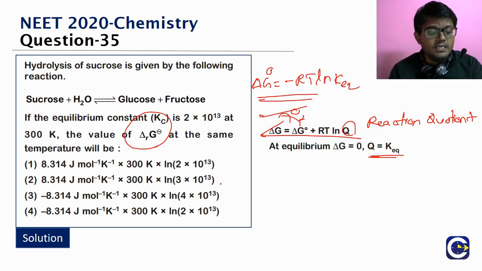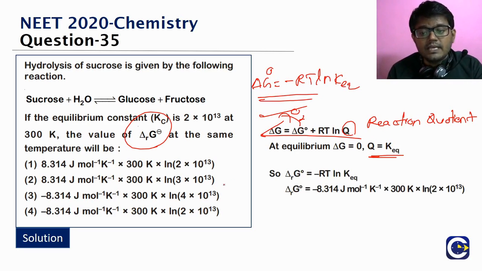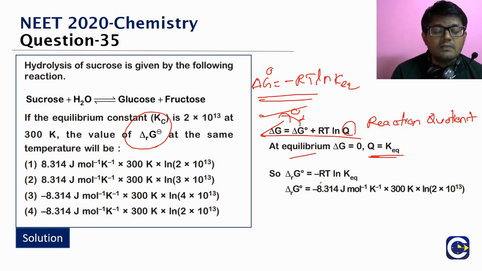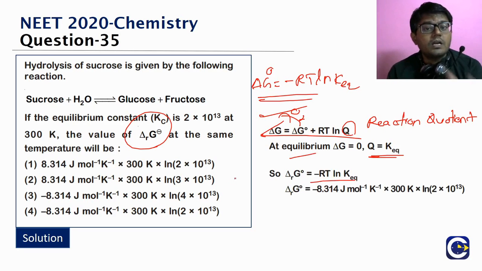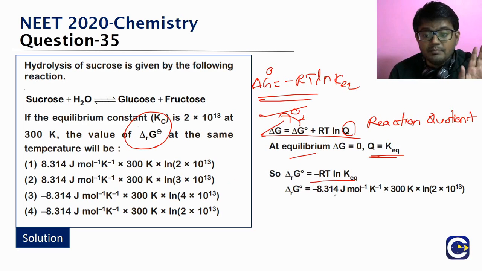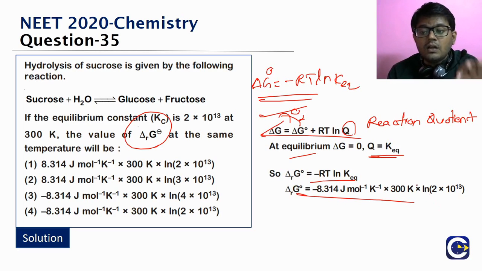We will just bring the del G naught to the left side. So look at this. Del G naught will be equal to minus RT ln K equilibrium. So here we are not even supposed to substitute and get the final answer. We just have to look at the expression and compare. R is 8.314 joule per mole per Kelvin, and temperature is 300 Kelvin into ln, the equilibrium constant, 2 into 10 power 13.